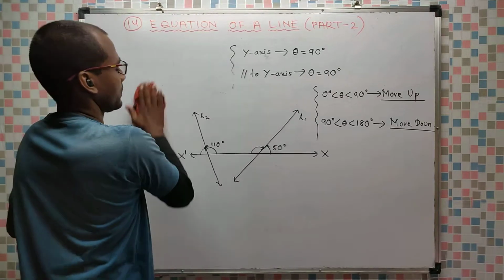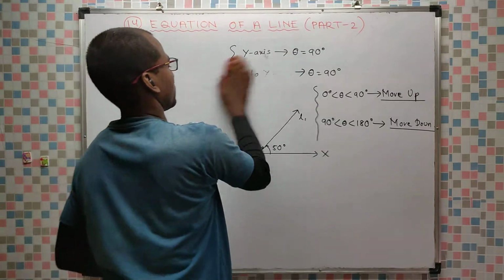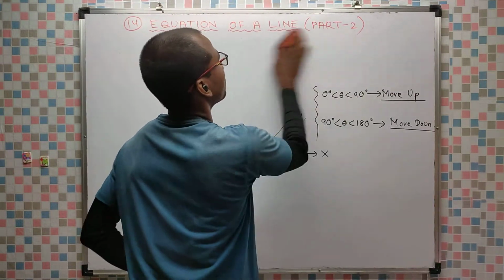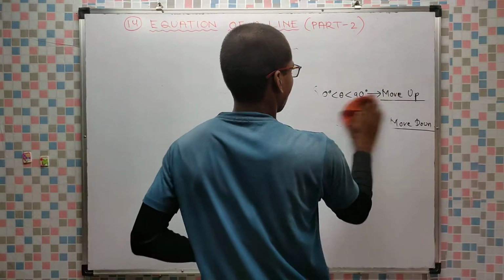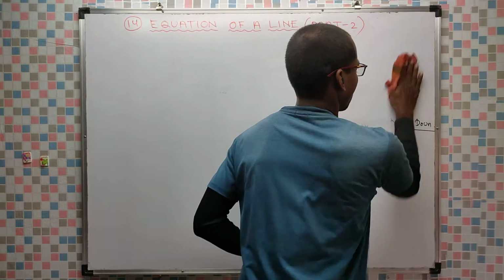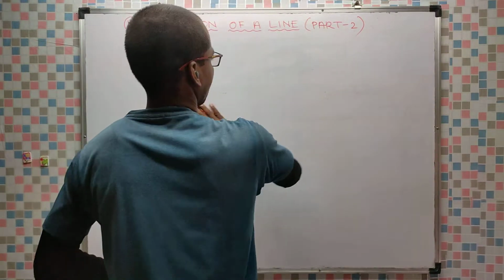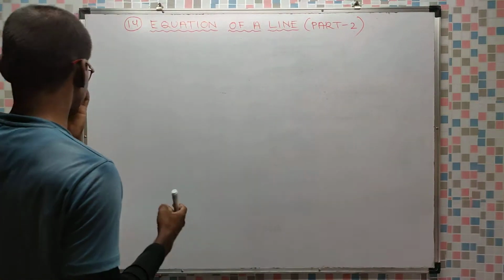Next we have slope or gradient of a line.